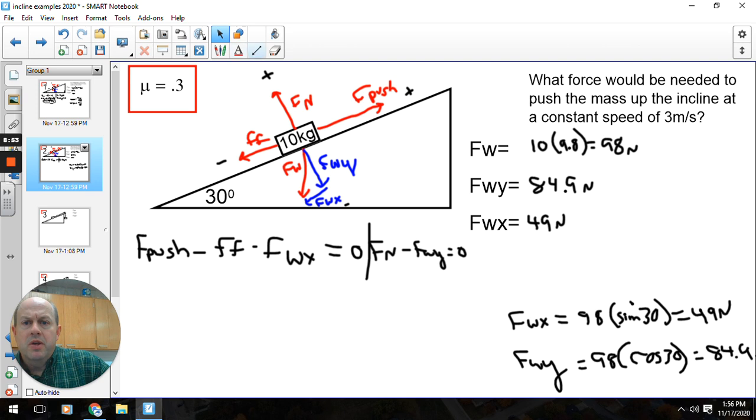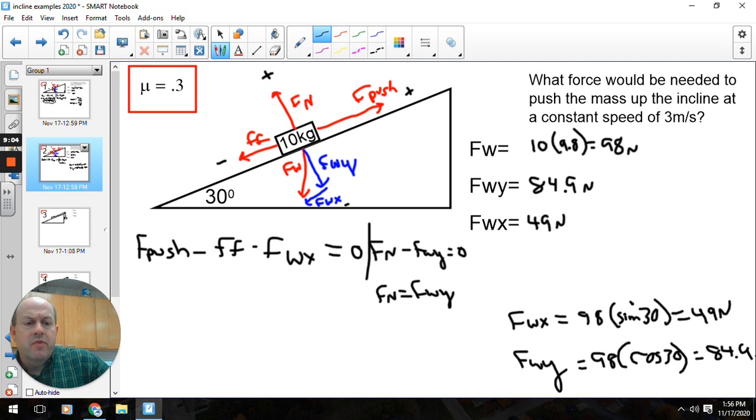So let's put in what we know. Force normal is going to equal force weight y, which we know is 84.9 newtons.